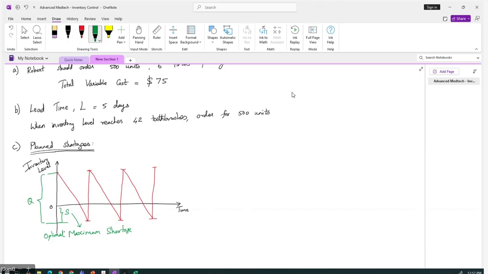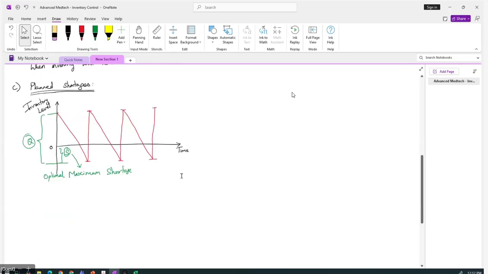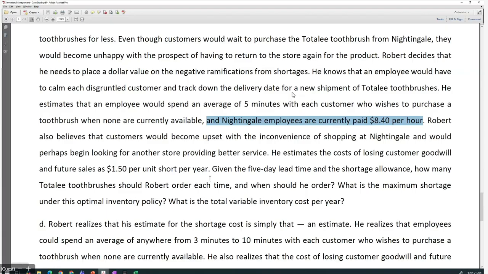Now we'll have to determine this also. Just as how we determined Q, we'll have to determine S also. I hope you got the idea how this scenario is different from the previous scenario. This is the context that we are talking about when we say planned shortage.